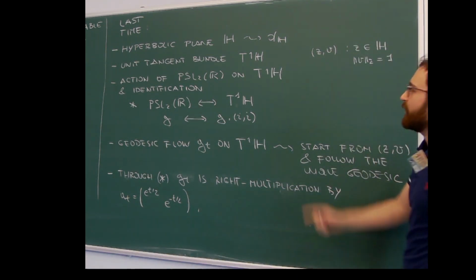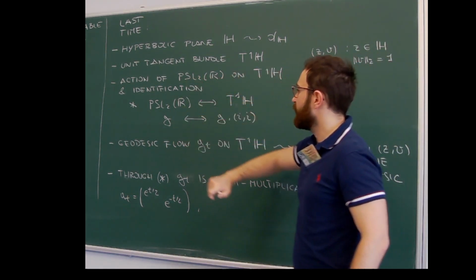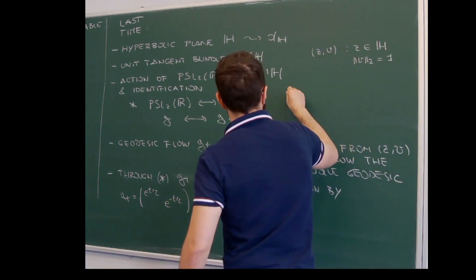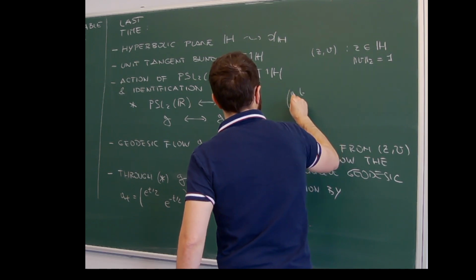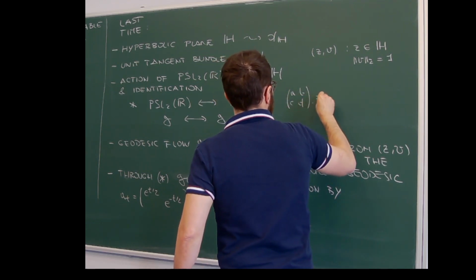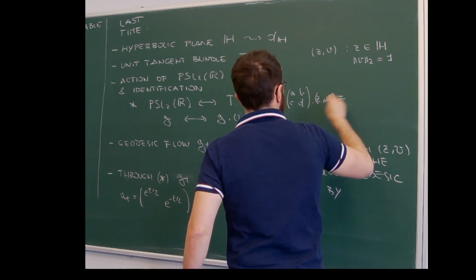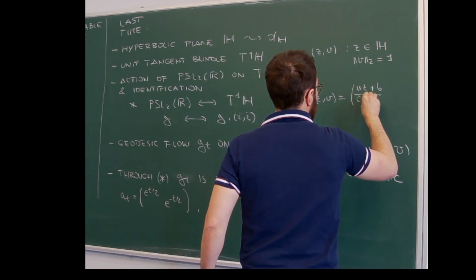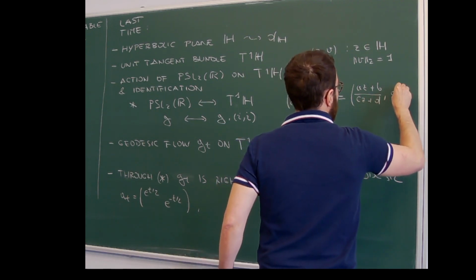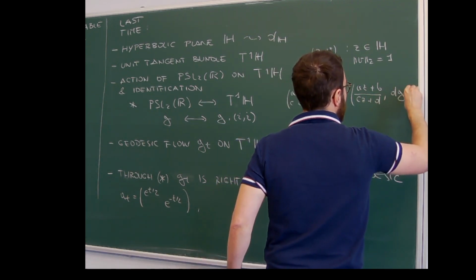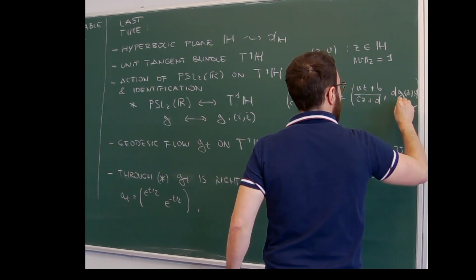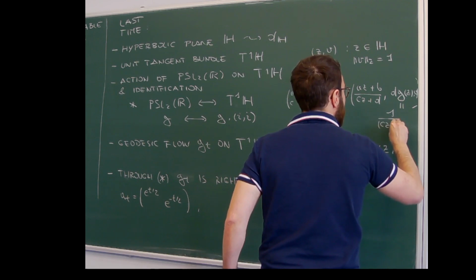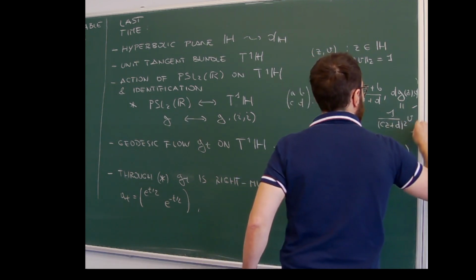I also introduced an action of PSL2R on the unit tangent bundle, which is just so (A, B; C, D) dot (Z, V) is (AZ+B)/(CZ+D), and then you have the differential of g applied to V. Okay, and one can do the computation, it's just V over (CZ+D) squared.